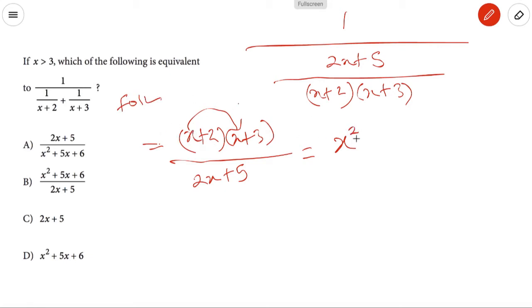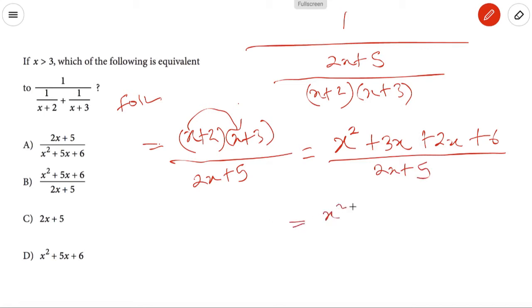X times 3 is plus 3x. 2 times x is plus 2x. And then 2 times 3 is 6. Now this is equal to x squared plus 5x plus 6 over 2x plus 5, which makes the answer B.